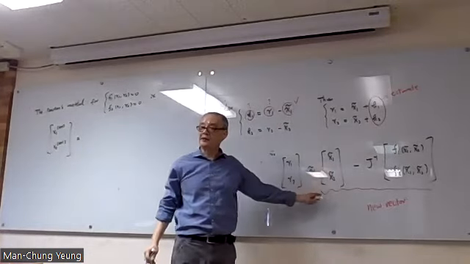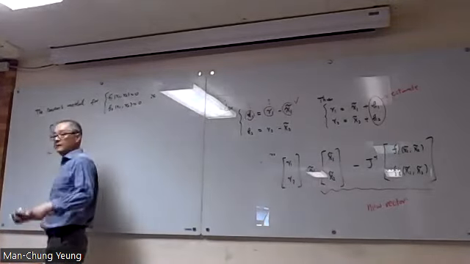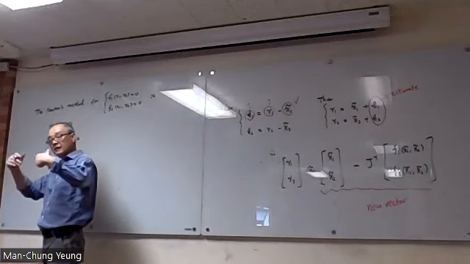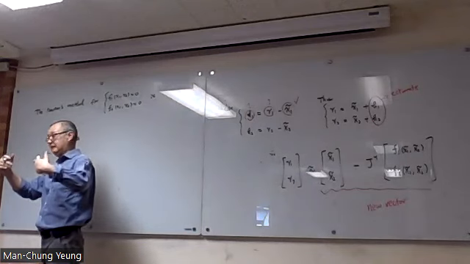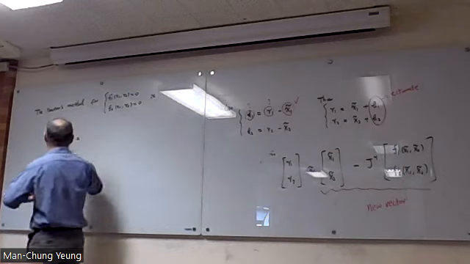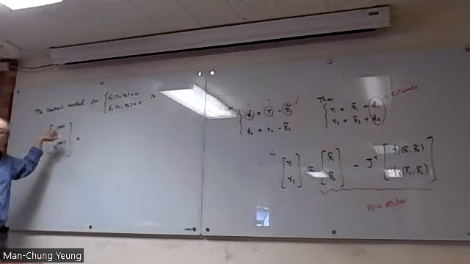X1 tilde, x2 tilde here is the iteration in the current step. This is the next step iteration.